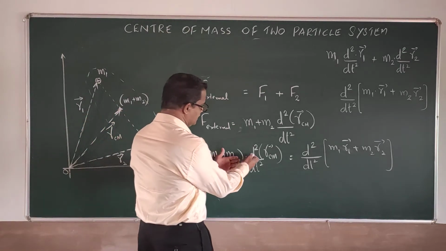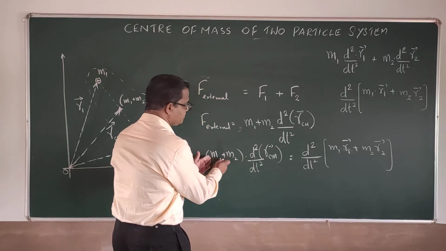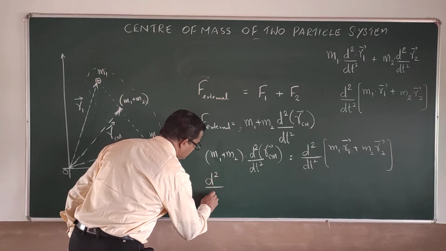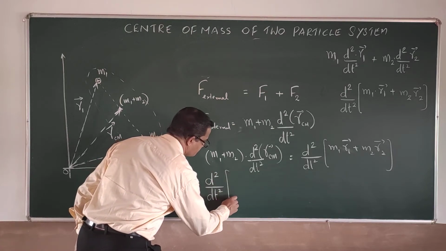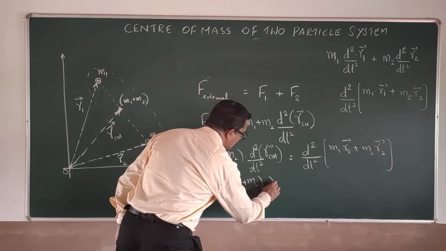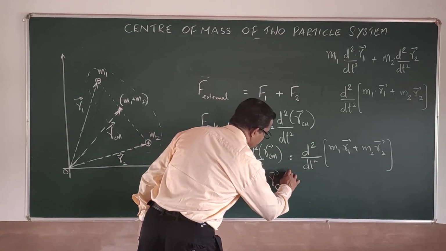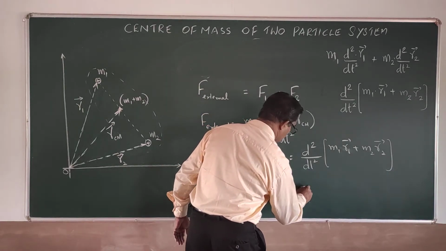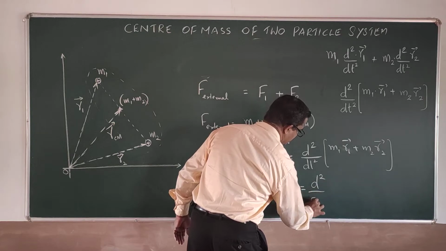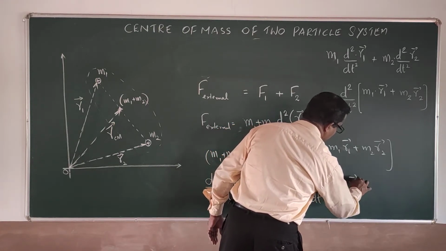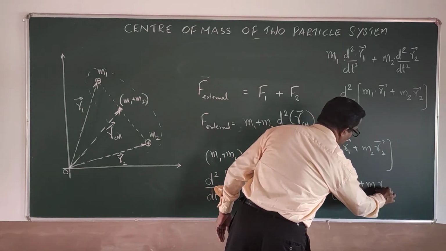Or if I rewrite this, taking this m1 plus m2 inside, I get it as d square by dt square of m1 plus m2 into RCM will be equal to d square by dt square of m1 r1 plus m2 r2.